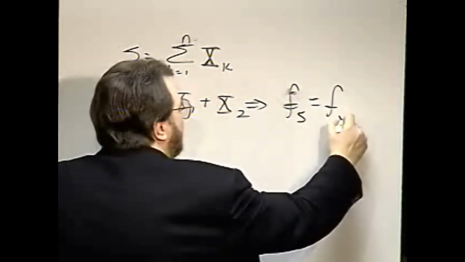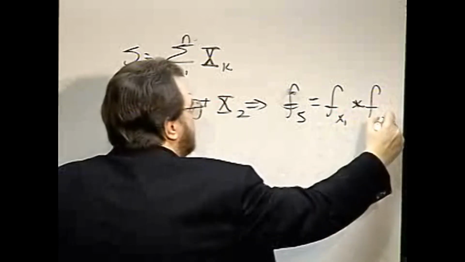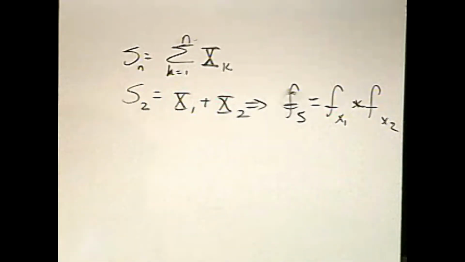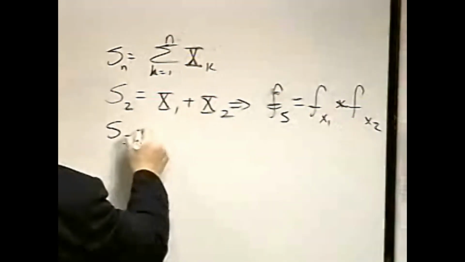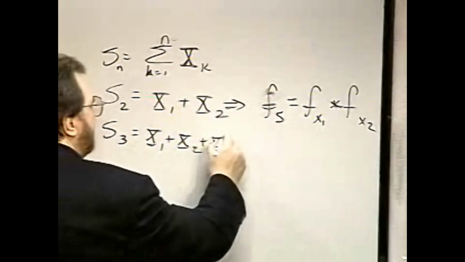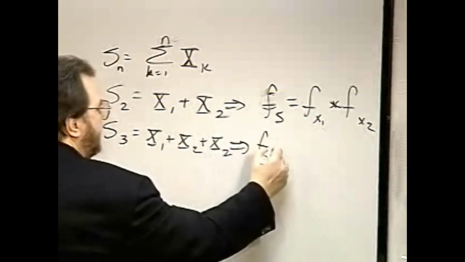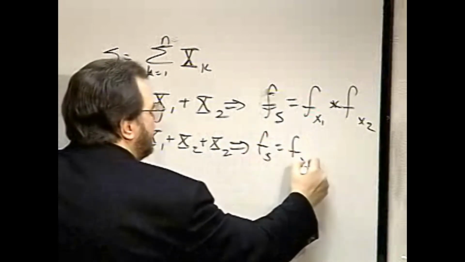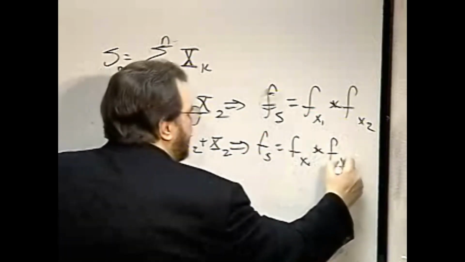Isn't that equal to the convolution of the two? Right? I'm using shorthand notation here, correct? So if we have S sub 3 equal to x1 plus x2 plus x3, and they're independent, what do you think the density function of the sum is? It's a convolution of all of these, right?